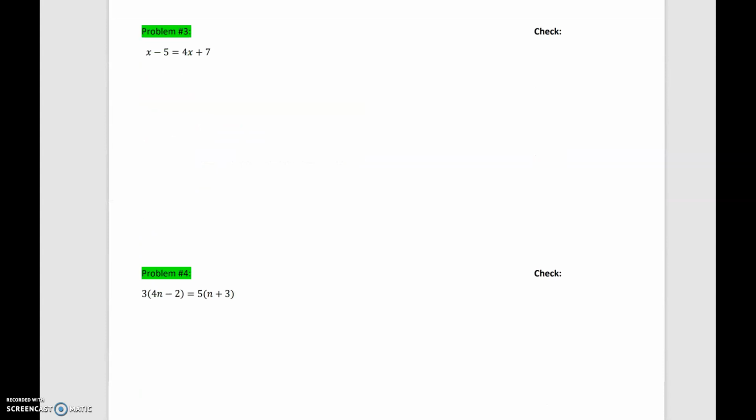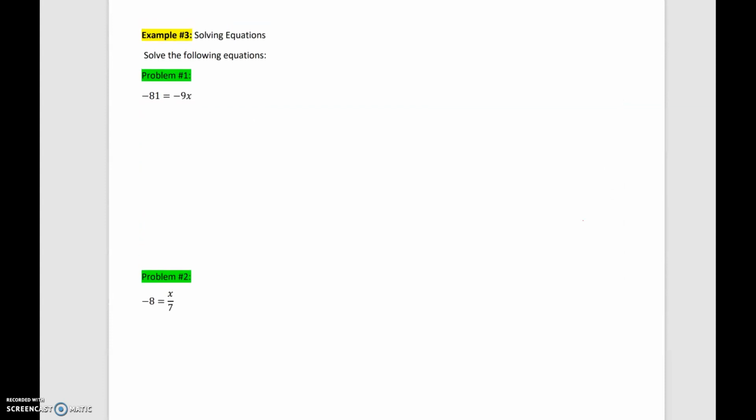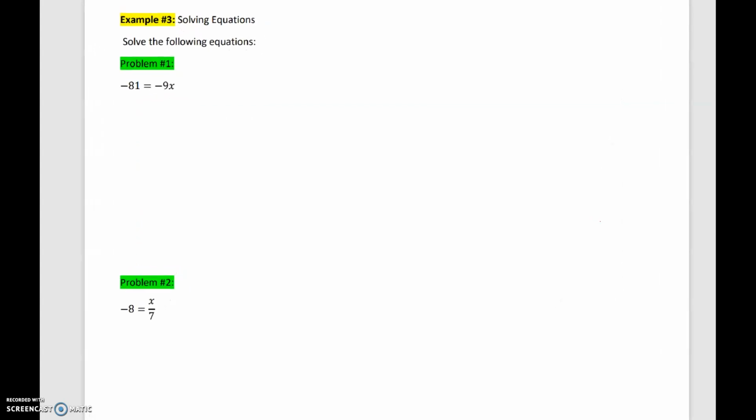So let's move on to the first problem on example 3. The first problem simply says negative 81 is equal to negative 9x.